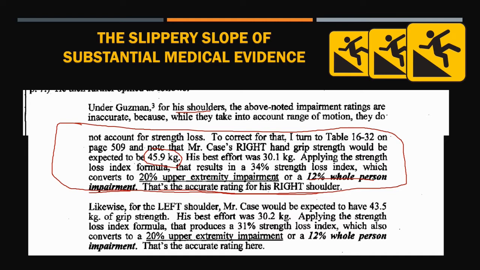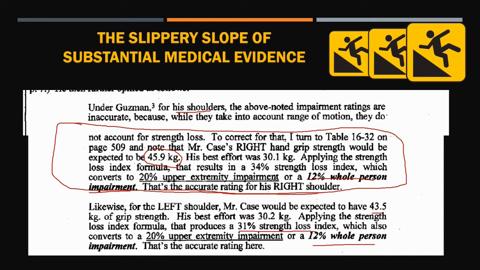So let's continue. He states, likewise for the left shoulder, he would be expected to have 43.5 kilograms of grip strength. He had a 31% grip strength loss index, which again is a 12% whole person impairment.